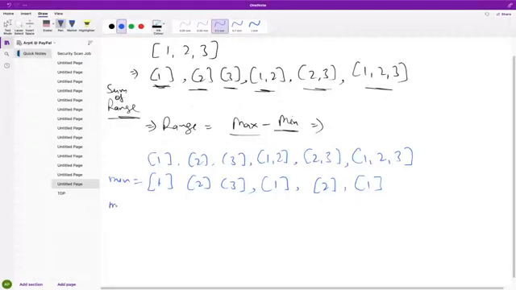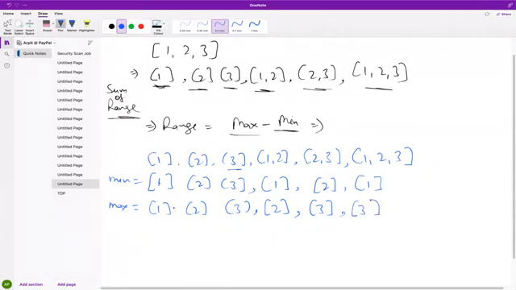Correct, guys? Let's find the max also, which is new in this question. 1, 2, 3, because in the subarray it's just one number. That would be the minimum, and that would be the maximum. Here it would be 2, here it would be 3, here it would be 3.